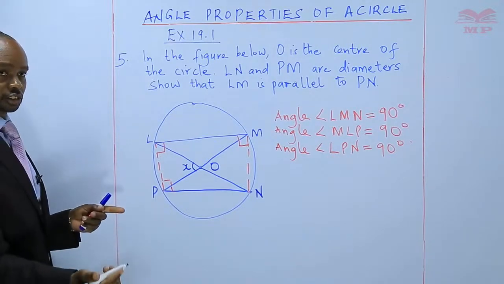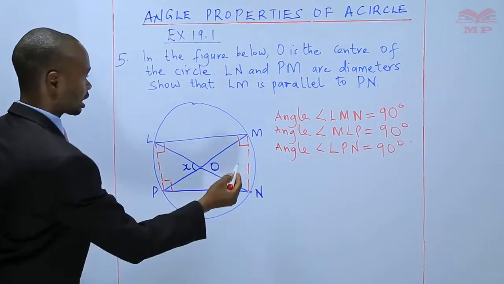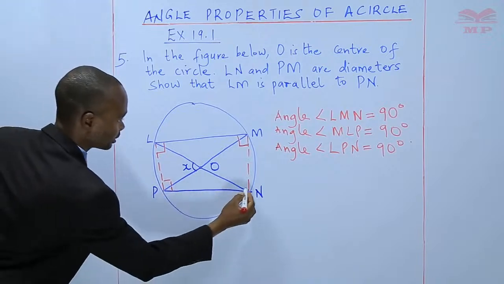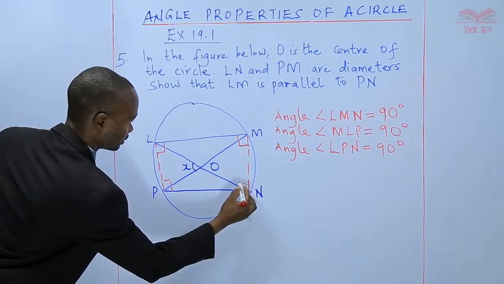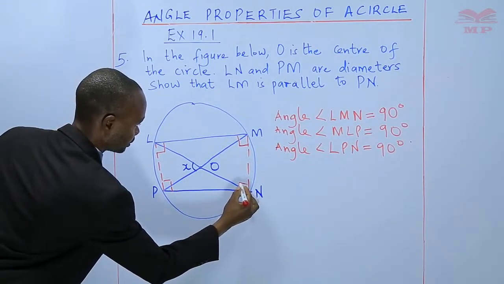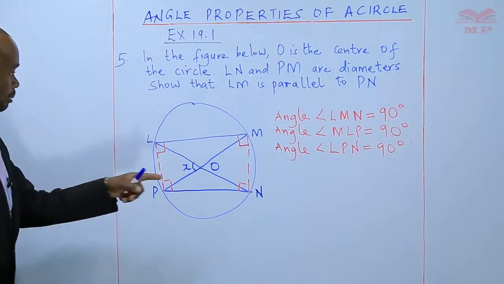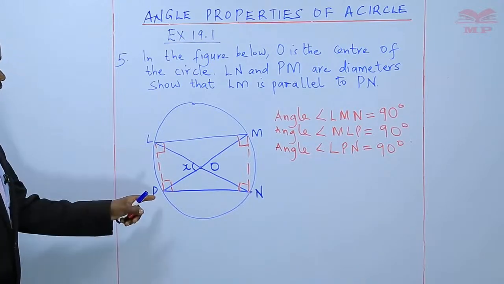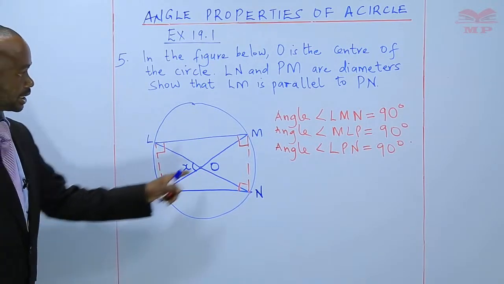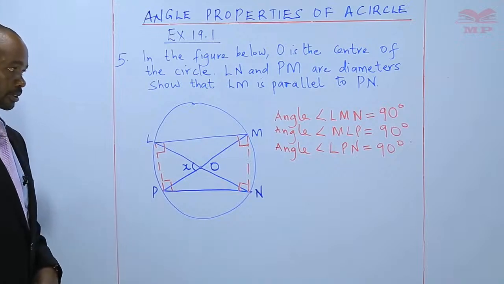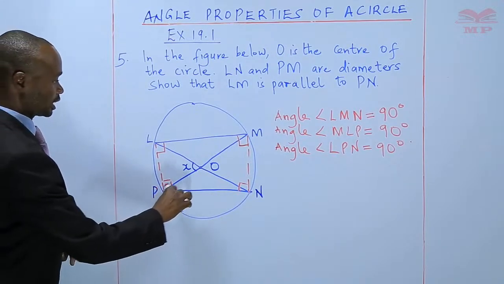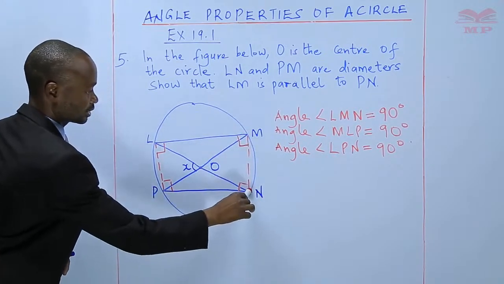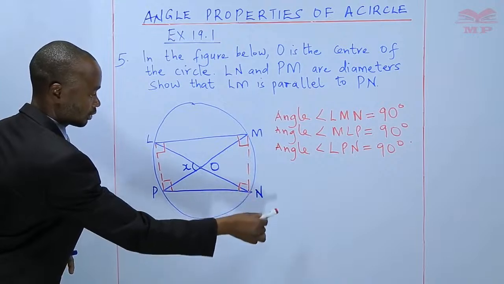We go to the last, fourth angle, which is angle MNP. Angle MNP is subtended by diameter PM. You can easily see this is the diameter. It is subtending this angle in that segment.